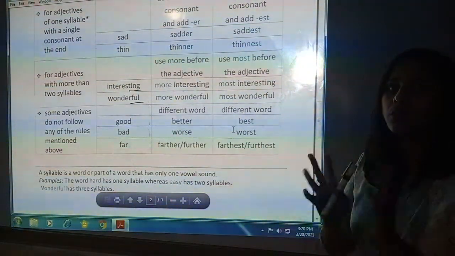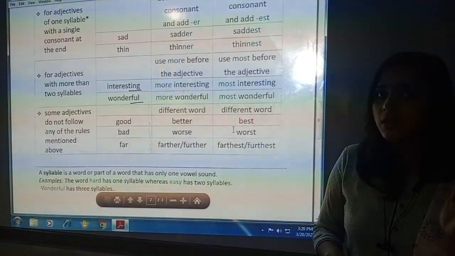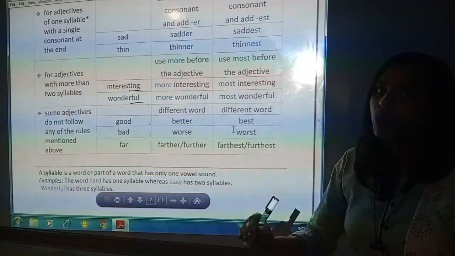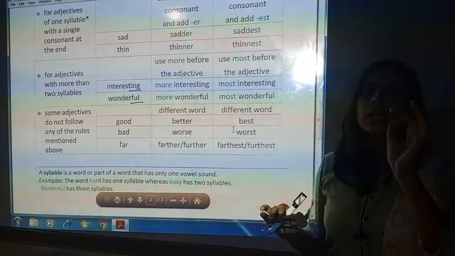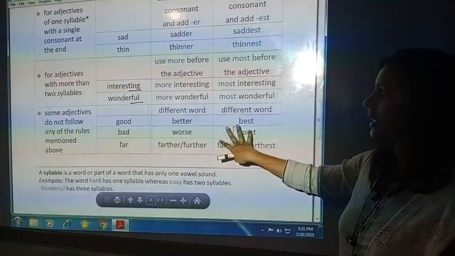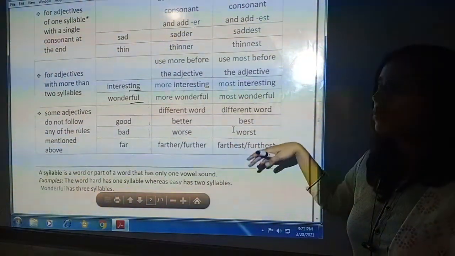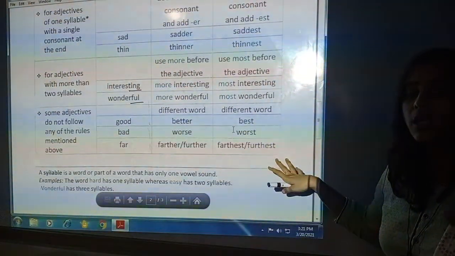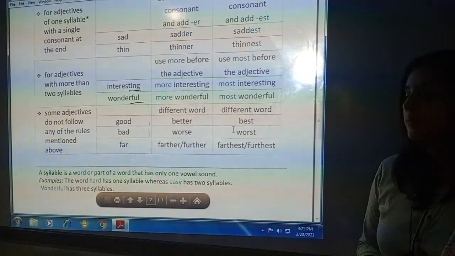More and -er for the comparative degree, and -est and most for the superlative degree. In the positive degree, the form of the adjective will not change. And there are some words which do not have any particular rule. Their forms change, and you have to memorize them. There is no particular rule for their changes.